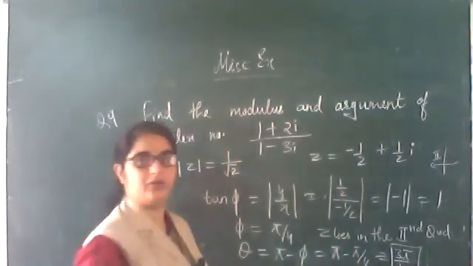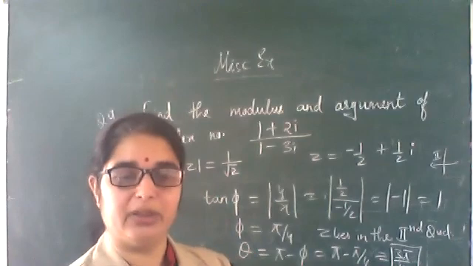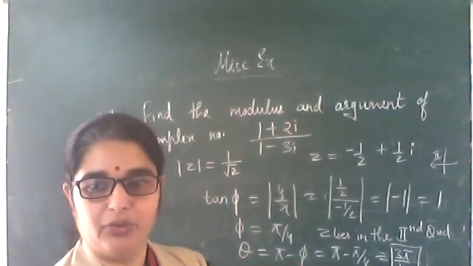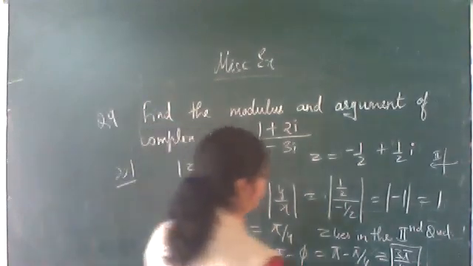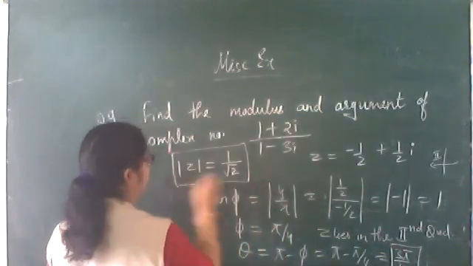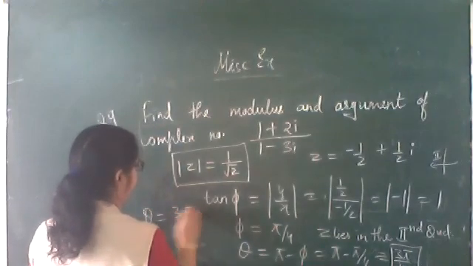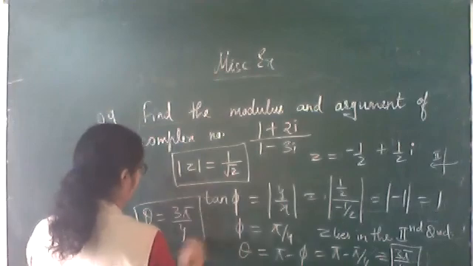Now they have not asked you to find the complex number in polar form. You have to just find the value of theta. So modulus of z is 1 by root 2 and your theta is equal to 3 pi by 4.